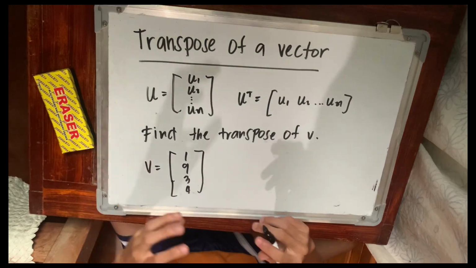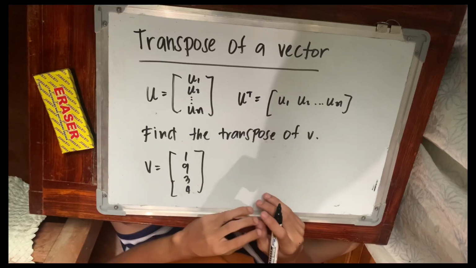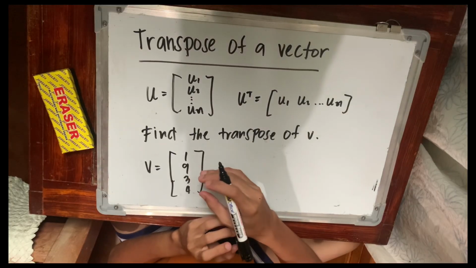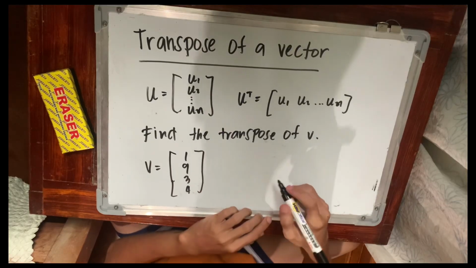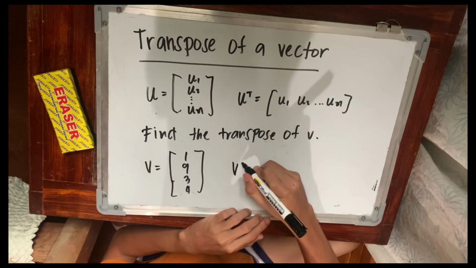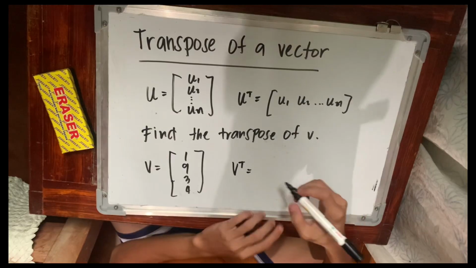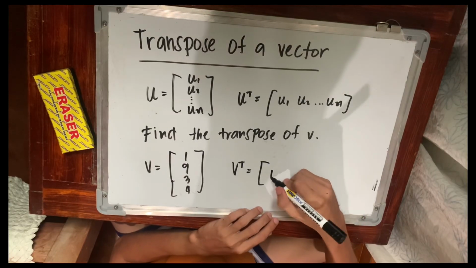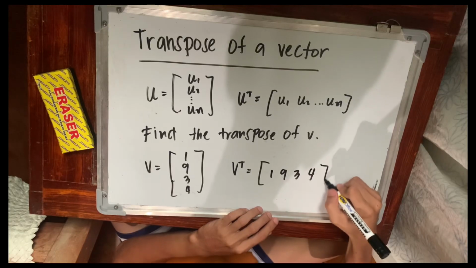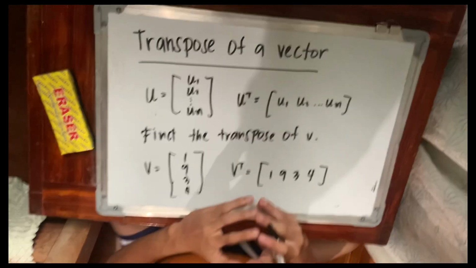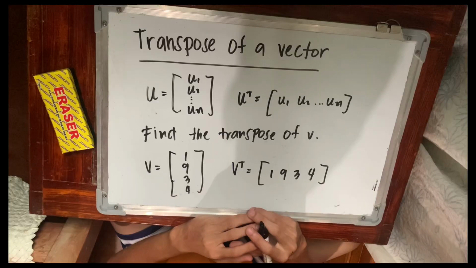If we want to find the transpose of this vector, the only thing we do is change this column into a row. So the transpose of this vector will now become 1, 9, 3, 4. And this is how we deal with the transpose of a vector.